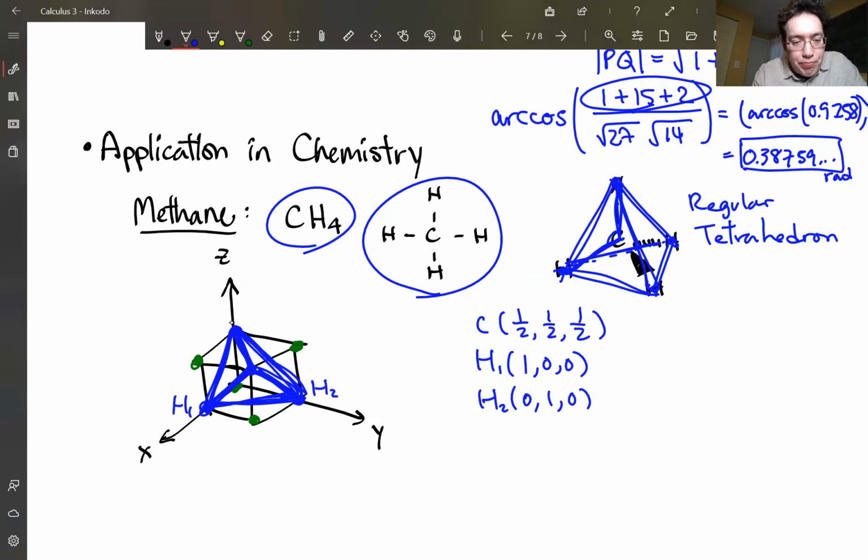All right. So what I want to measure is this angle between carbon to hydrogen 1 and carbon to hydrogen 2.